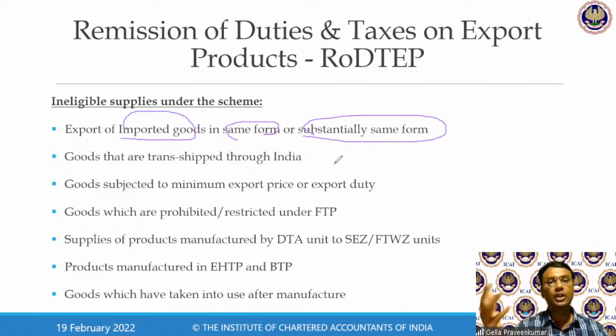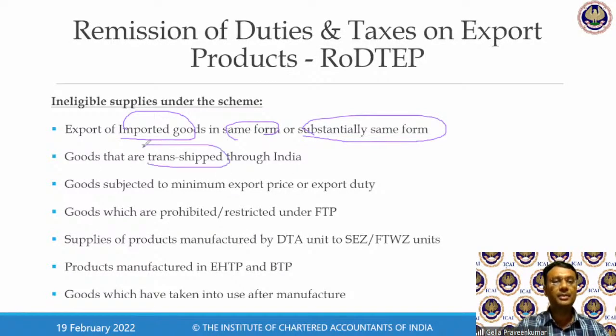Now, where is the question of local taxes? They say local duty or taxes suffered, I am going to pay you back. Now, for any import which happened in the same form and the export is also happening in the same form, where there is no value addition, they're not going to give, because there is no manufacturing activity happening.